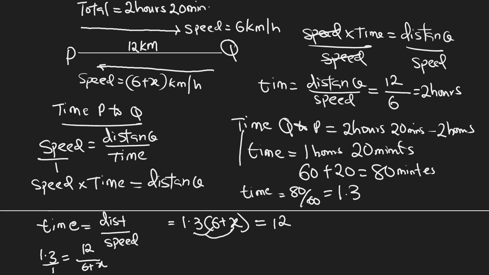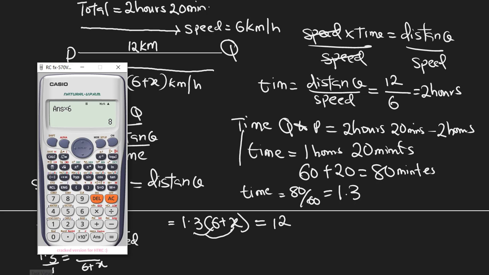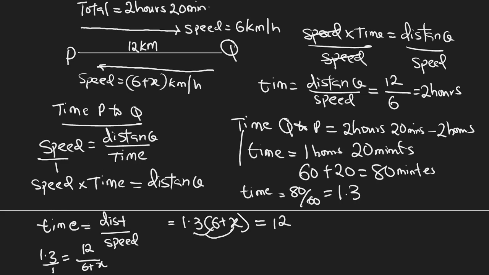So 1.3 times 6 is 7.8, which is approximately 8. So we have 8, then plus 1.3 times x, which is 1.3x, equals 12.